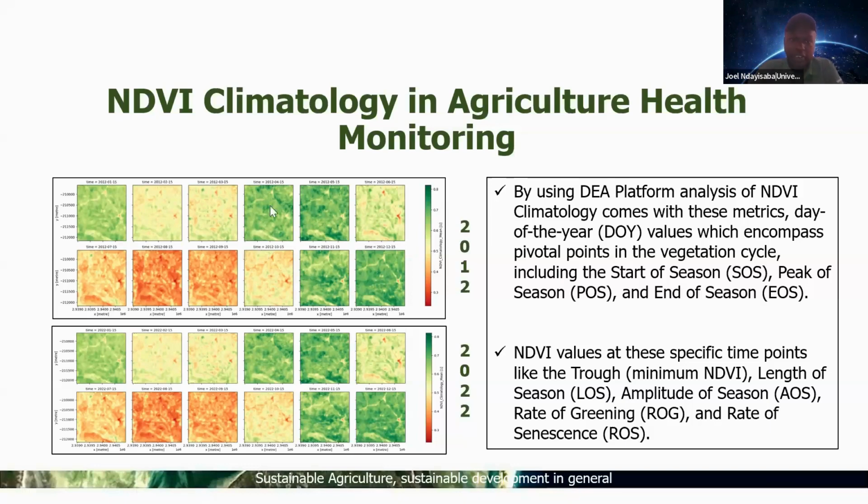Here we found that the vegetation increased according to the date of start of season and the end of season.